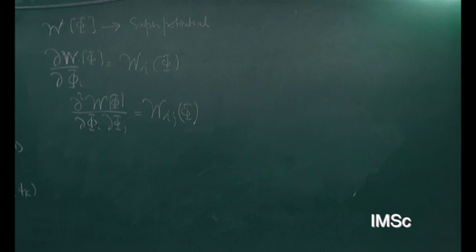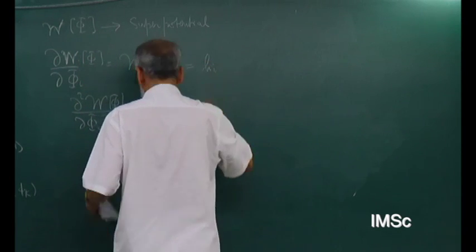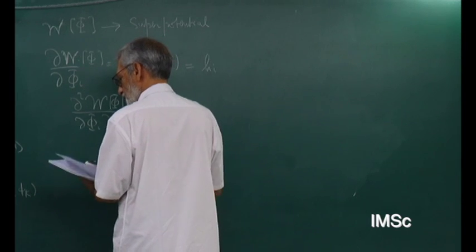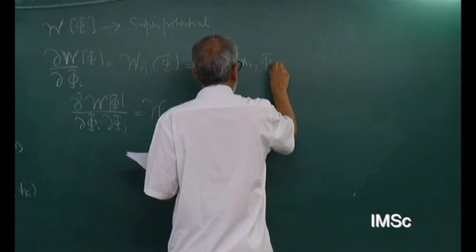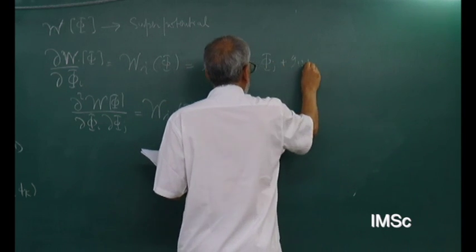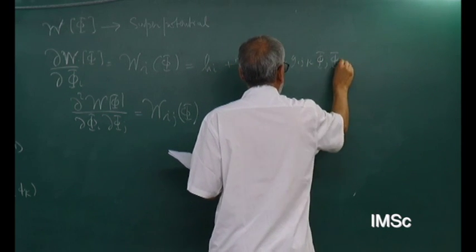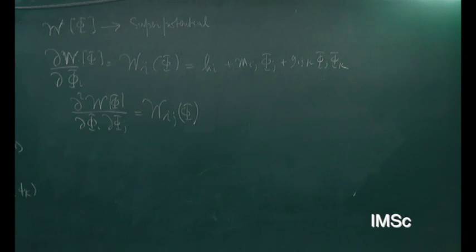You can take third derivative also. Now if I take the first derivative, what do I get here? That's my derivative, W, just take the first derivative. Take the second derivative, what do I get?